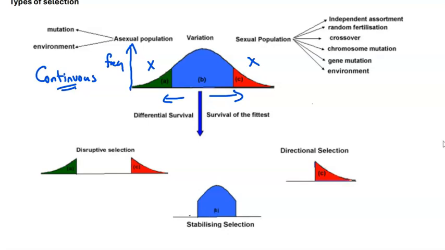And so the median, the mode, or the mean, which is in this area here, represents the best fit. And so we would select against A and C, but promote the survival of B to create a stabilized selection.